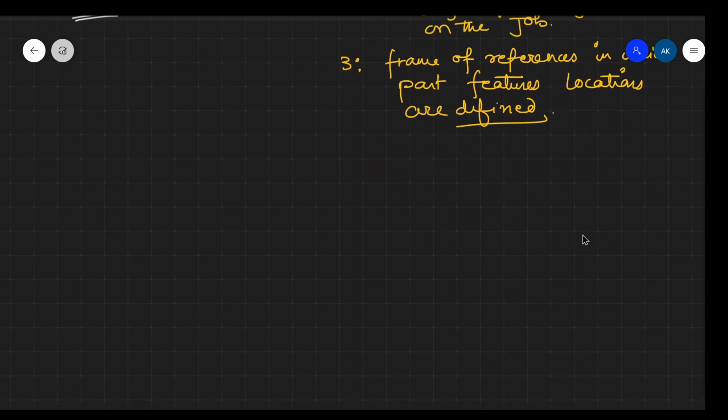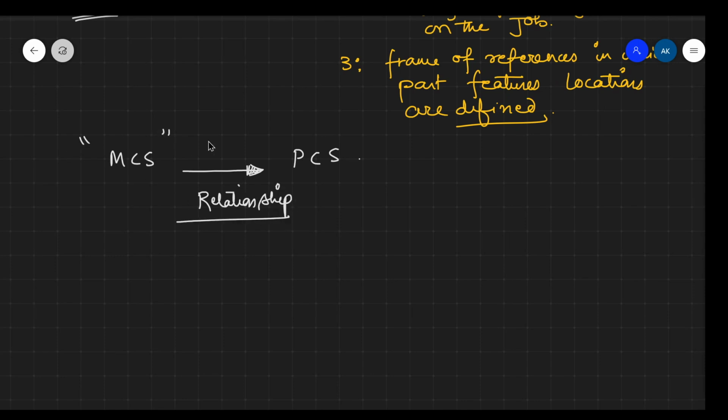So now there are two coordinate systems, one machine coordinate system and another one the part coordinate system. So establishing a relation between these two became important, because there are two different coordinate systems in one single setup.